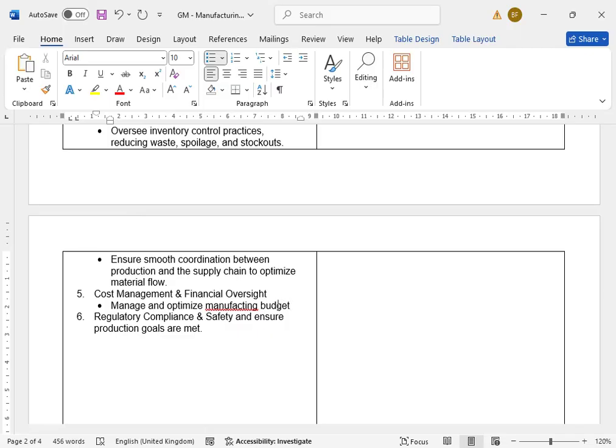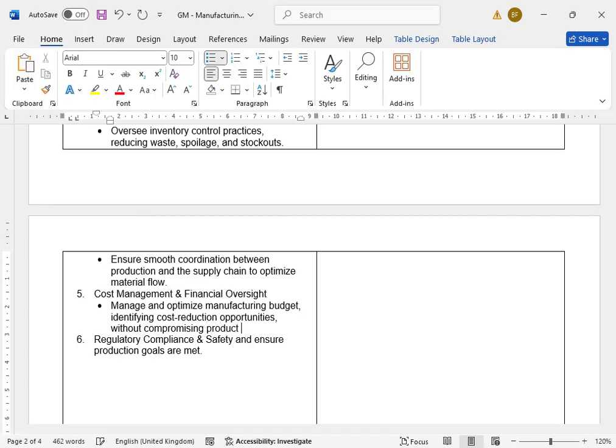Identifying cost reduction opportunities, of course, without compromising product quality.